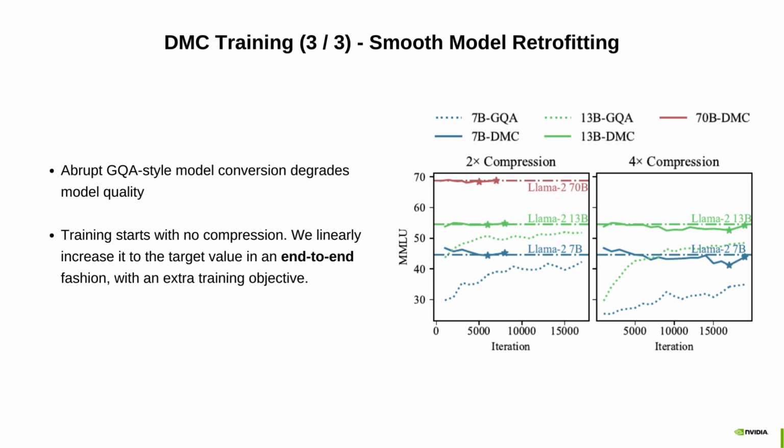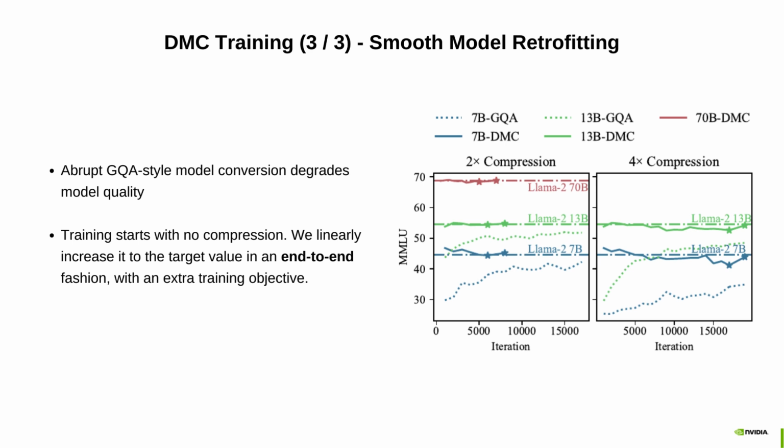To achieve this, they take a pre-trained checkpoint and pull a group of KV heads into one shareable head. During our experiments, we observed that such abrupt change heavily degrades model quality, and it is much more sample efficient to convert the model gradually.